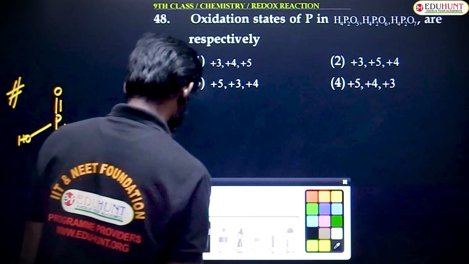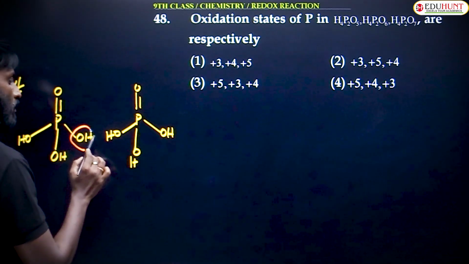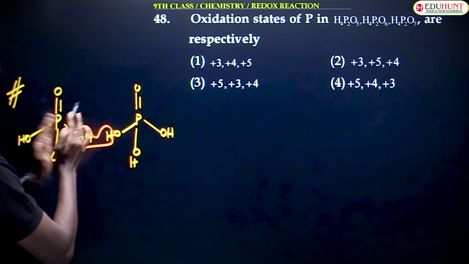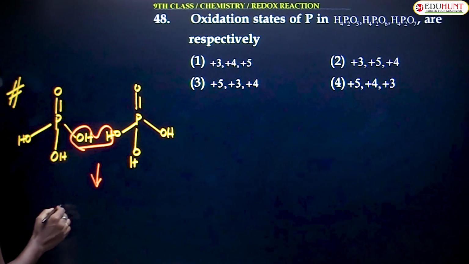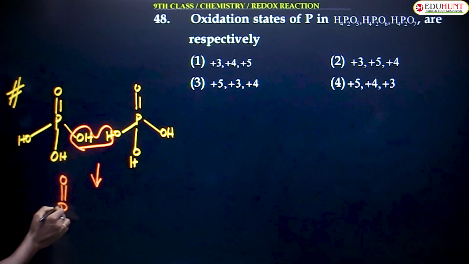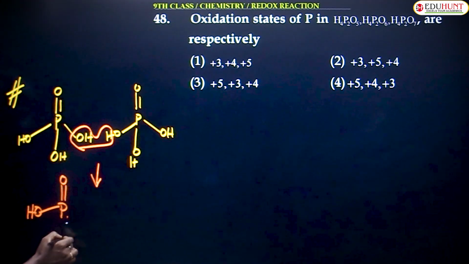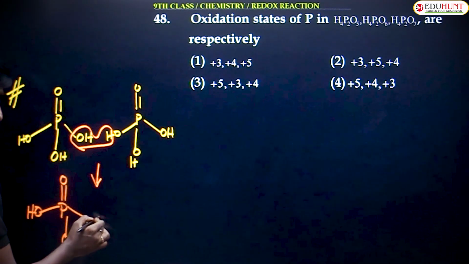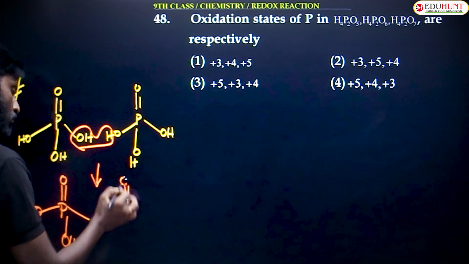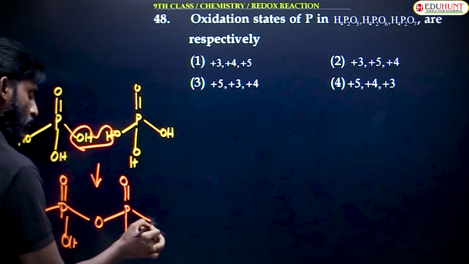Now imagine you remove a water molecule between these two molecules and join them. You join them. Now you get OH, OH, O, P double bond O, OH, OH.